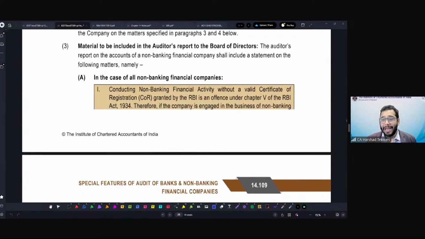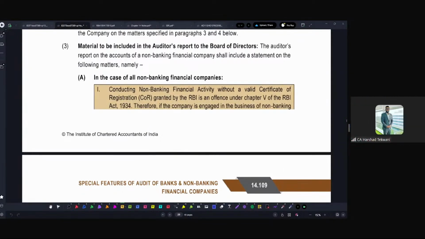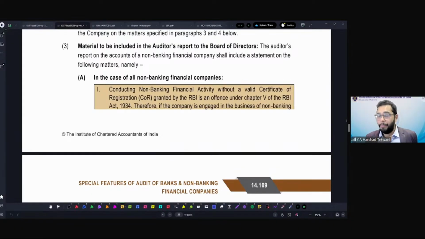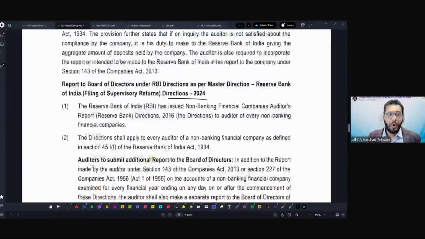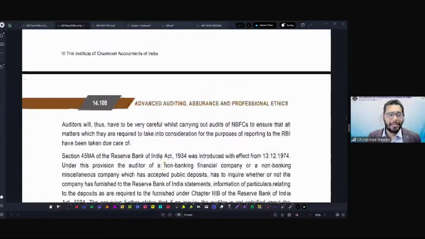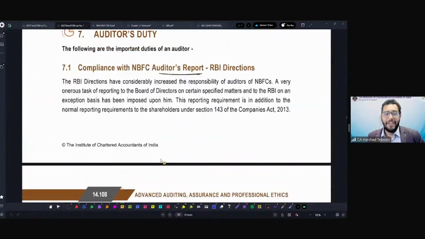Now, what is this compliance report about? What are the points that we are required to report under this? Basically, there are two categories in case of reporting under this. So we call this particular kind of reporting, you can say, NBFC auditor's report to board.